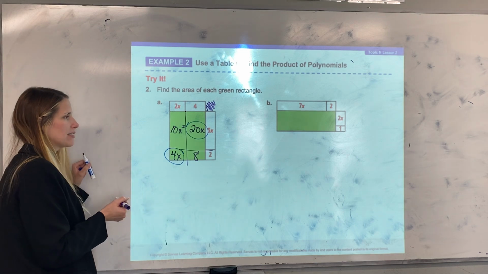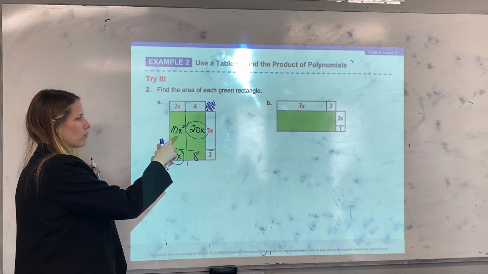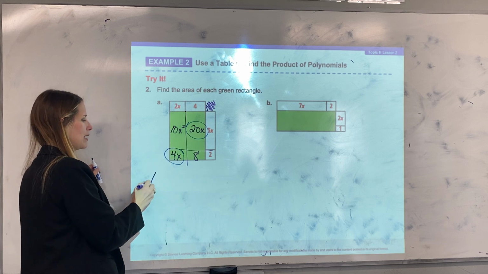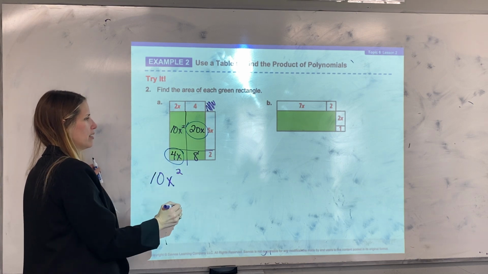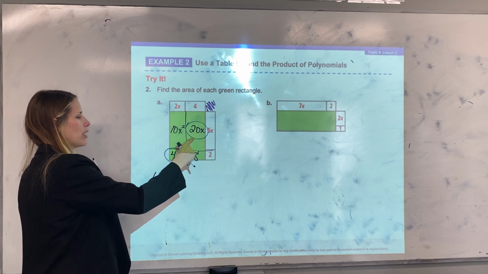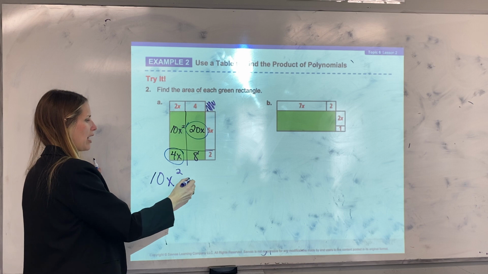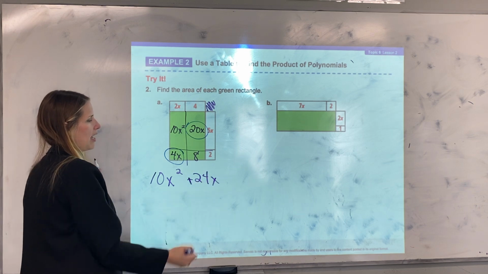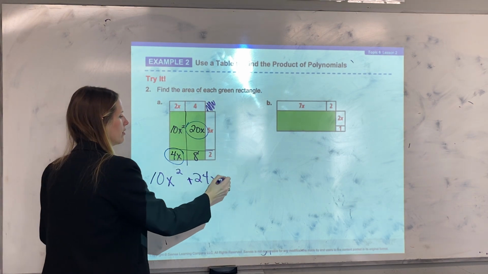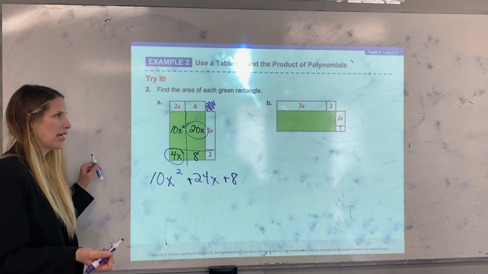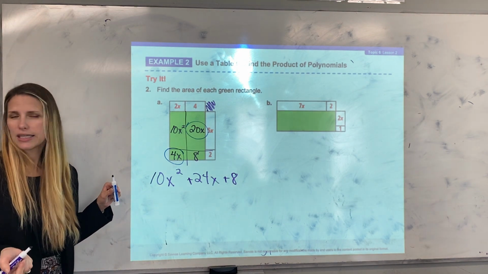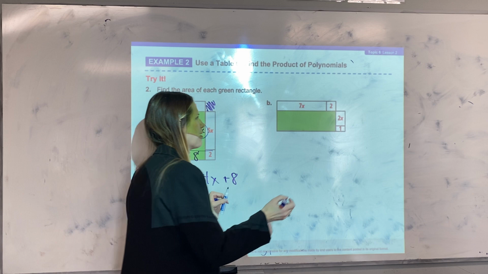So when you write it in standard form, you have to start with the highest degree, which would be the 10x squared. And then we go to the next degree, which is the x terms, but since we can combine them, we'll just put that together as one term. And then we have our constant, and that's it. Easy, right? Same thing over here.